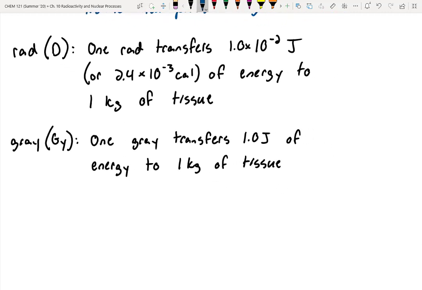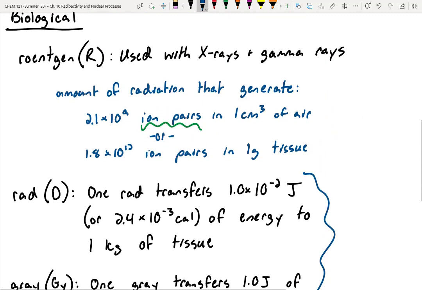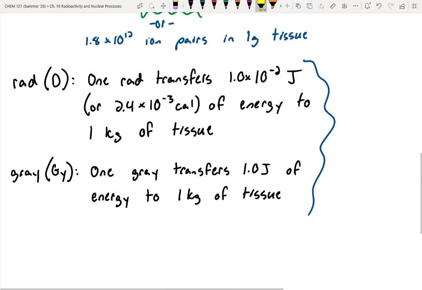One interesting thing with this is these two down here don't talk about the type of radiation. Up here, we said that it involves gamma rays. So these last two don't account for which radiation type we're being exposed to. Are we being exposed to alpha, beta, or gamma? So let's make a note here.